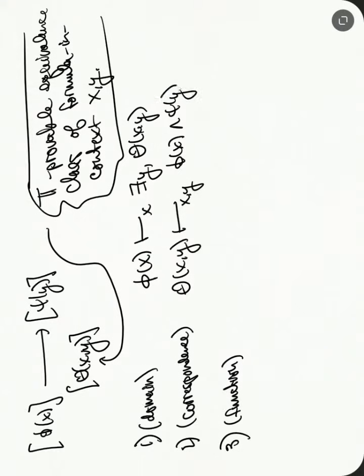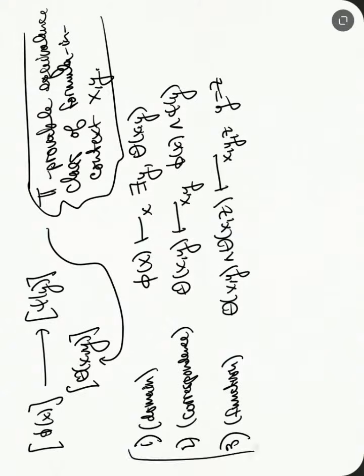I'm going to draw some pictures on the next slide here. Okay, so we have these three sequents, and these are the axioms that they have. And then finally we'll have the composition rule.